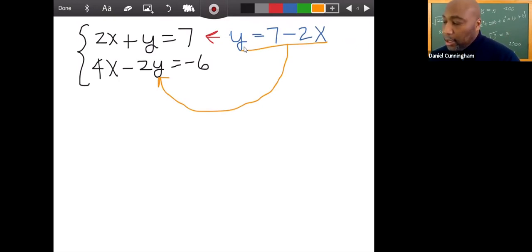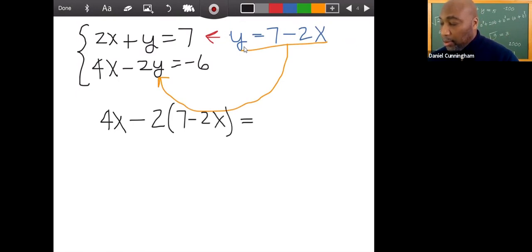When I substitute here, I'm going to show my work. I'm going to have 4x minus 2y. So what is y equal to? Y is equal to 7 minus 2x, equals negative 6. So this is my second equation and it has everything in terms of x.